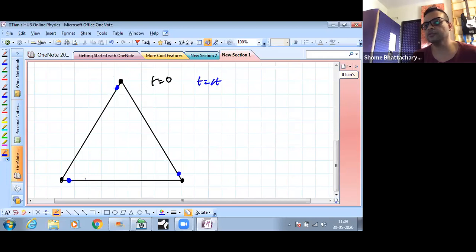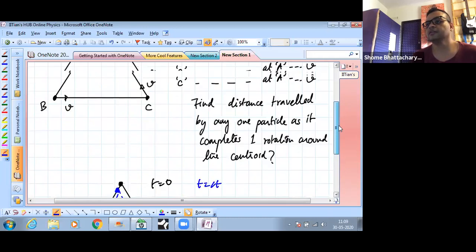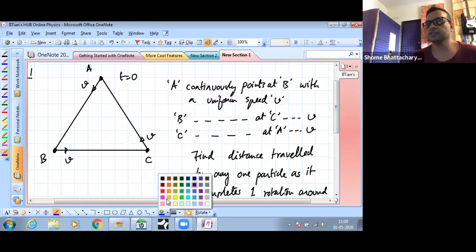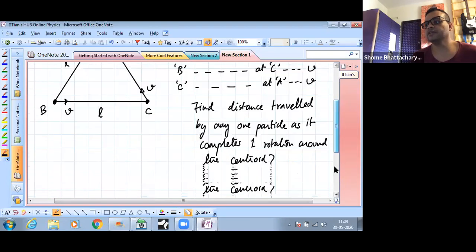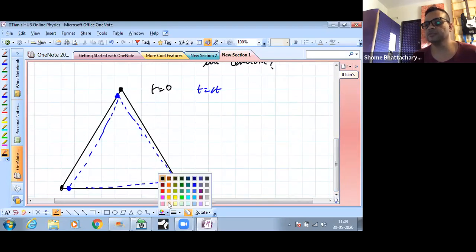Now they will form a new triangle, which is again equilateral. If in the original triangle the initial distance between them was L each, now after delta t they form a new triangle where the distance between them has reduced to L minus V delta t, like this. Same thing here.